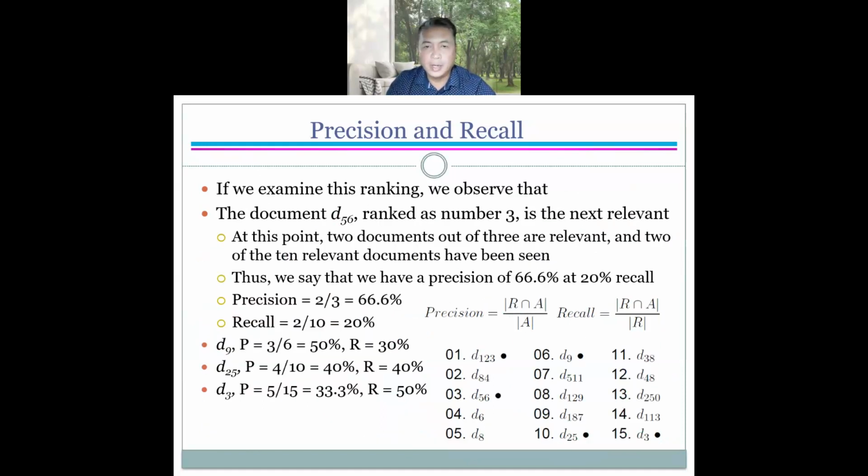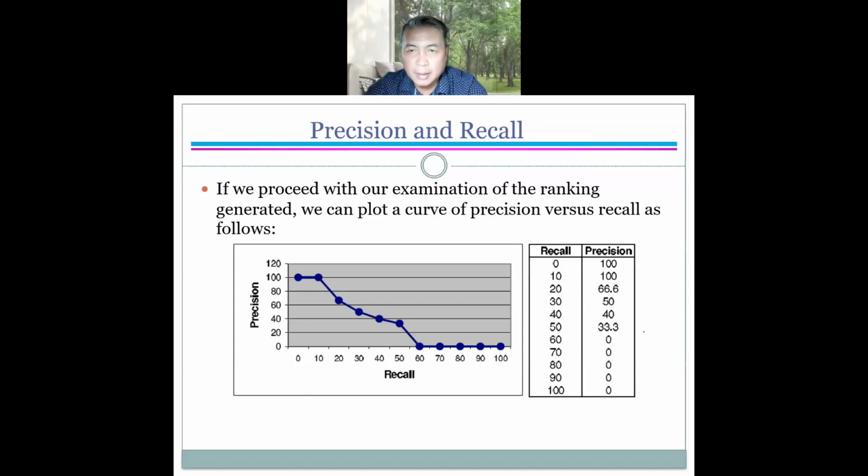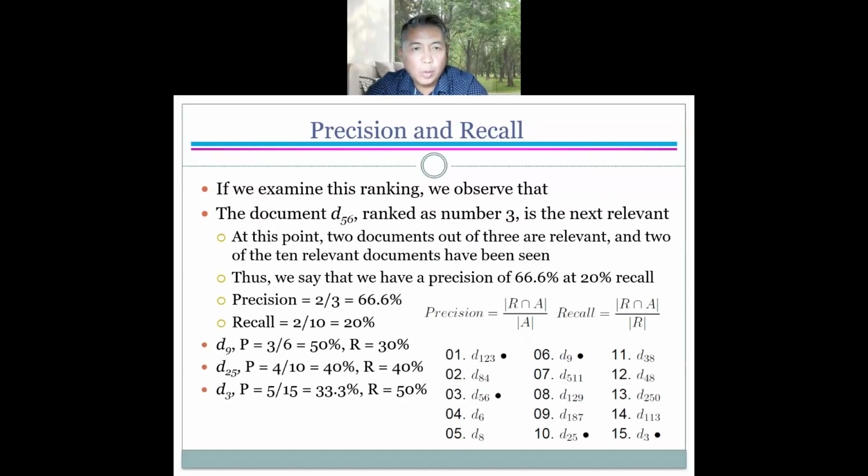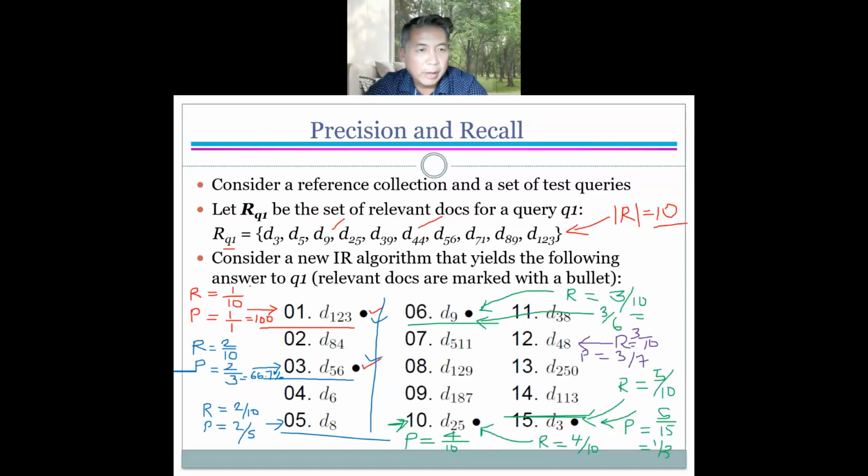So we have all this. What we want to do is plot the recall versus precision graph. How do we plot them? Remember that when we perform the recall here, we have 10%, 20%, 30%, 40%, and 50%.